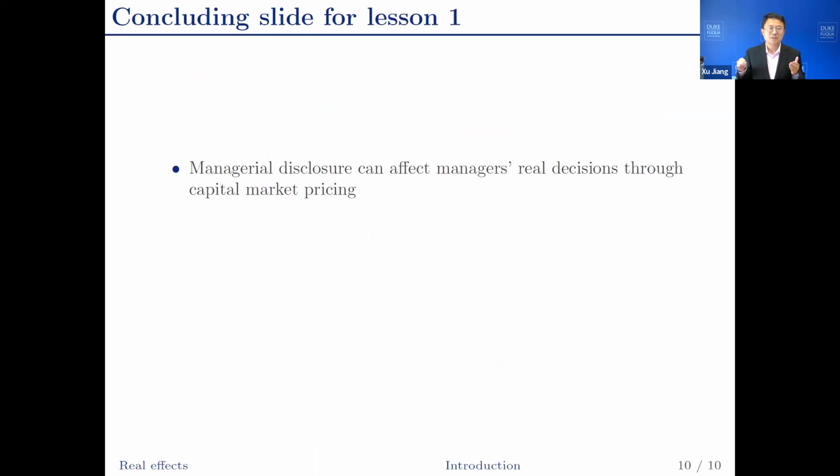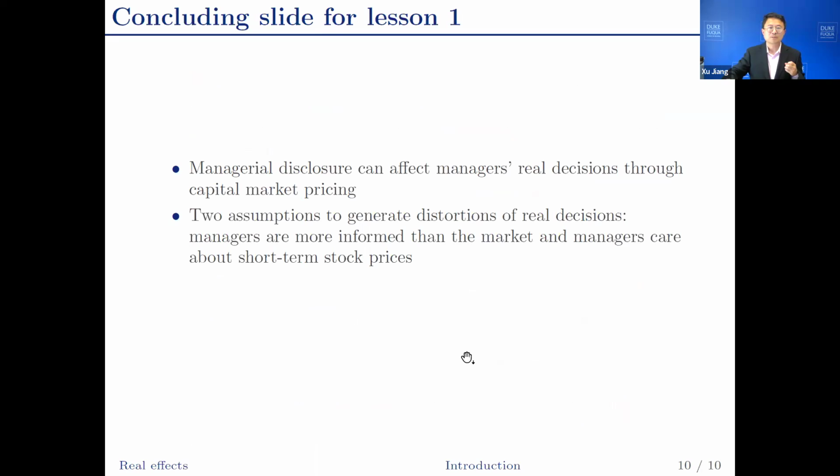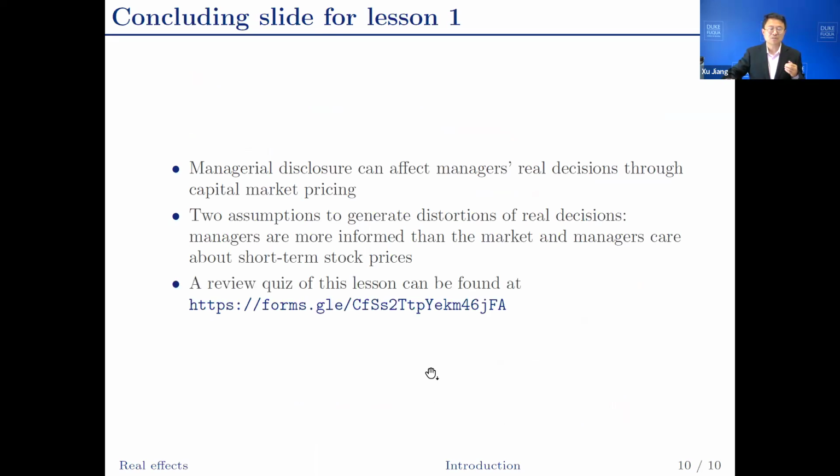This is the core insight of the real effects literature. You need two assumptions to generate non-trivial insights from the real effects literature, to generate distortions of real decisions: managers know more than the market, and managers care about short-term stock prices.